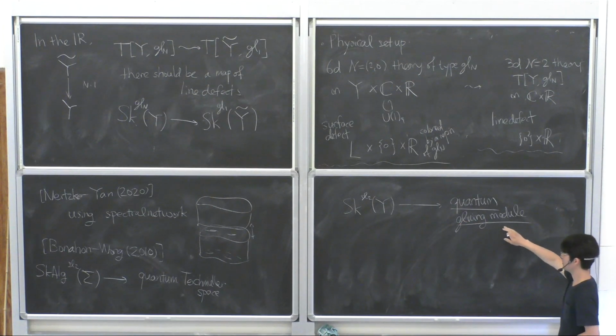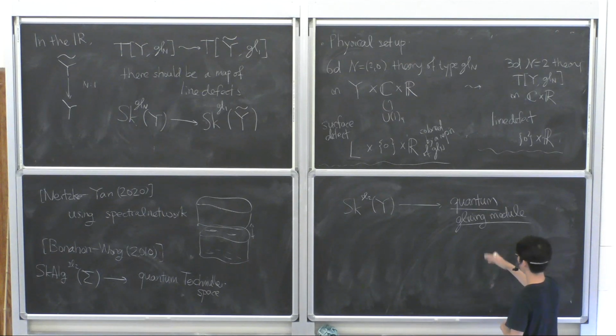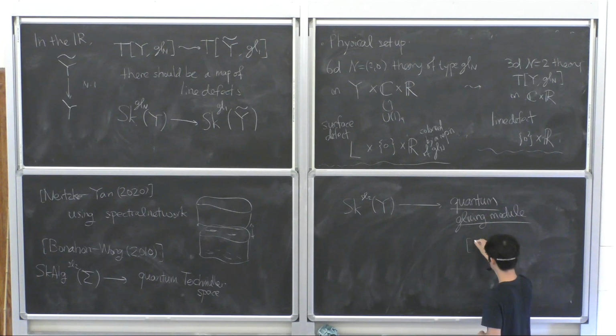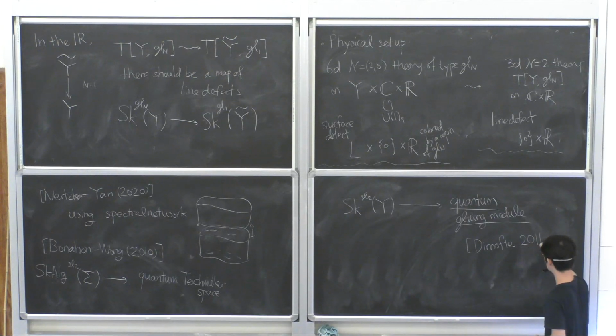I think the earliest form of quantum gluing module, even though I don't think this term is used, appeared in this paper by Tudor Dimofte, in his paper on quantum Riemann surfaces and Chern-Simons theory.